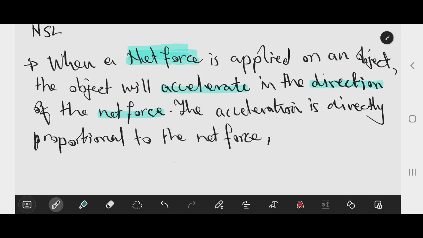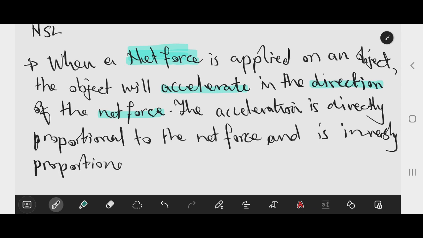The acceleration is directly proportional to the net force, and this acceleration is inversely proportional to the mass of the object.